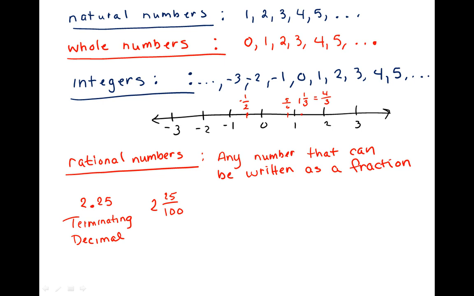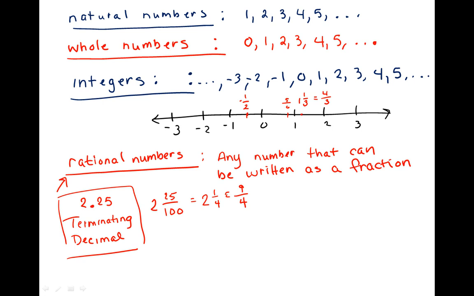Also, it's 2 and 1/4 if you reduced it. You could also write that as 9/4. Either way, you could just stop at 2 and 25/100ths. You can see you can write it as a fraction, therefore it is a rational number. So anytime you see a terminating decimal, you know that it is a rational number.